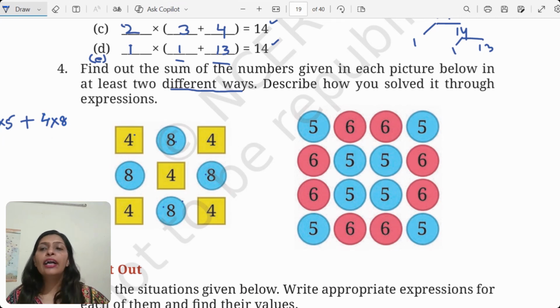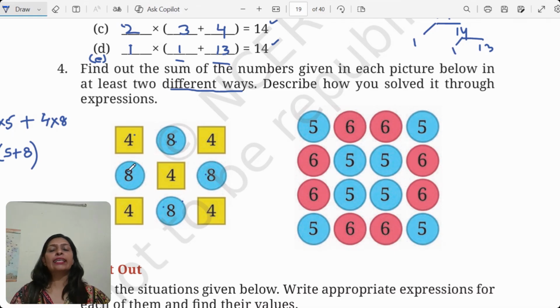This is the first way. The second way is to take out 4 common, and this would be 4 times (5 plus 8). These are the two ways I can express this number. If there is no sign between the bracket and the number, it means multiply.